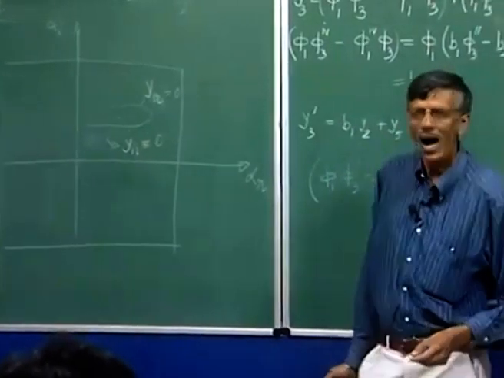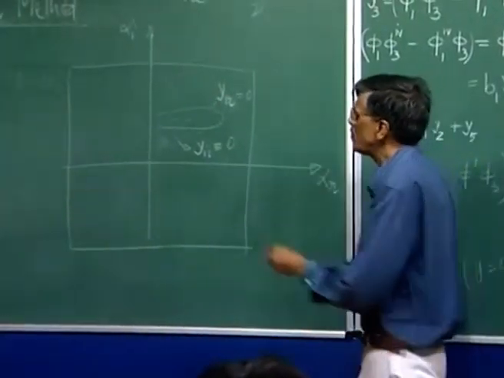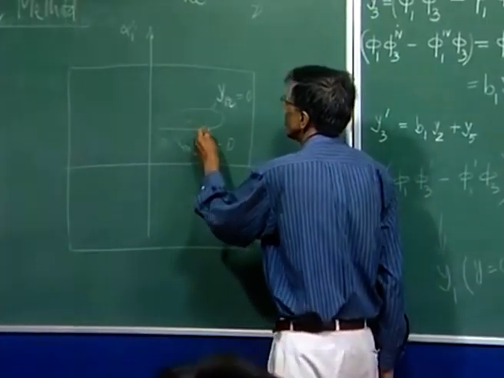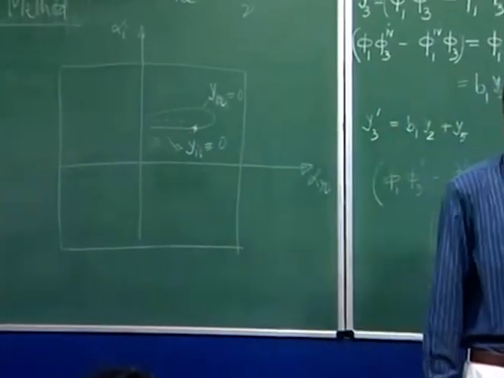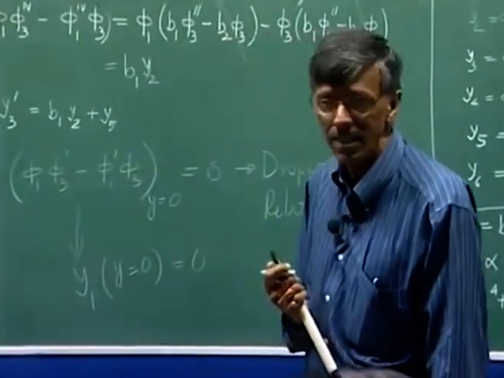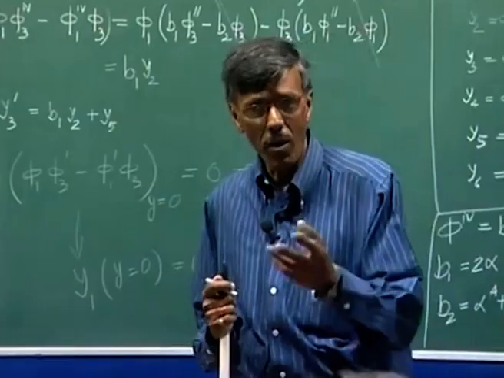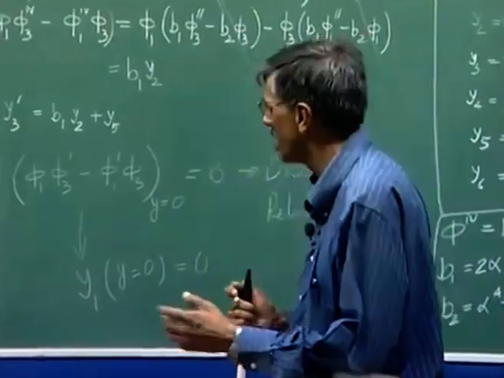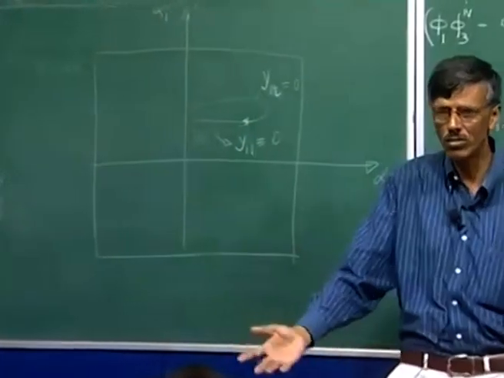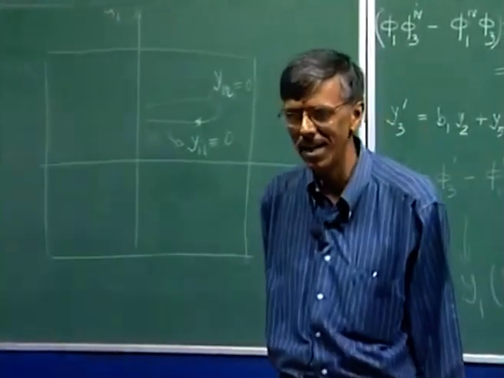Now, you look at this particular point. What is special about that point that I marked with an asterisk? It is nothing but the point where both the real and imaginary parts are simultaneously 0. That is your eigenvalue, right.